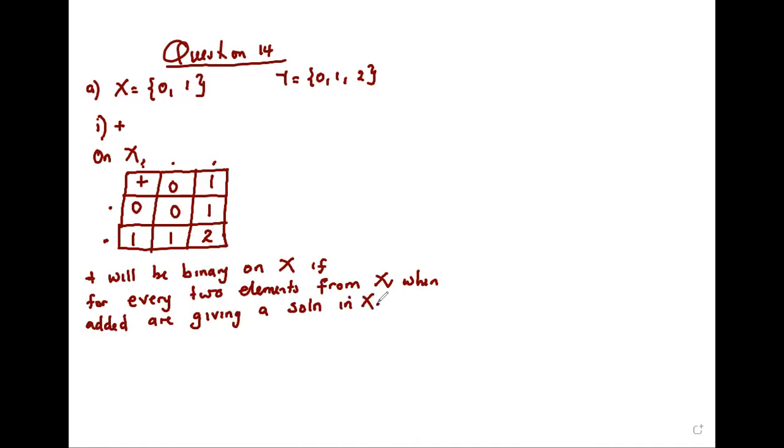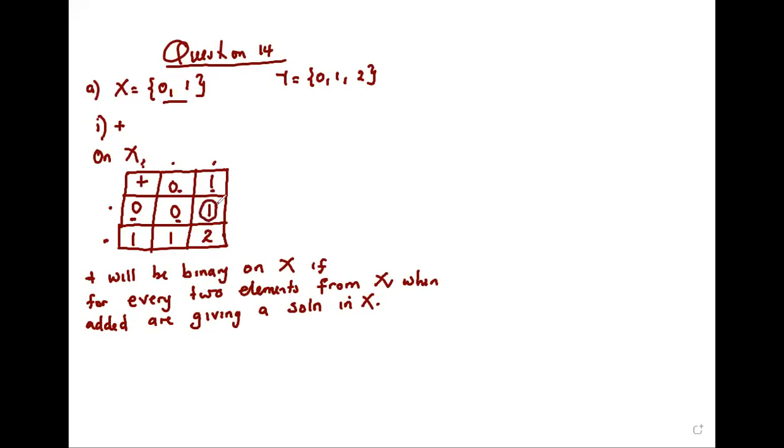So I'm trying to say, we are going to say plus is binary on X if it happens that whenever we pick 2 elements from the set X, for example, we have 0 and 0. When we add, we get 0. Then we check, do we find this 0 in the set X? Yes. Next, we get 0, we get 1. When we add them, we find 1.